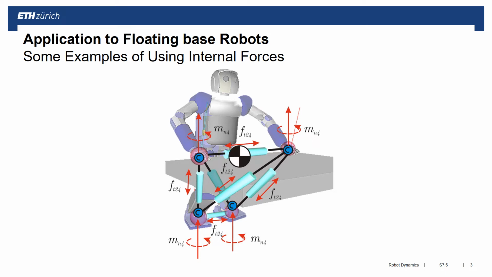If this is your foot, your lower limb and your upper limb, and you want to reduce the muscle activity, the ground reaction force typically goes roughly through the base. So you have a pretty high tangential force at that contact point.